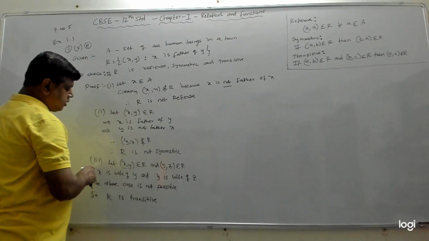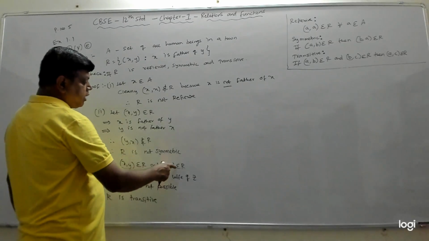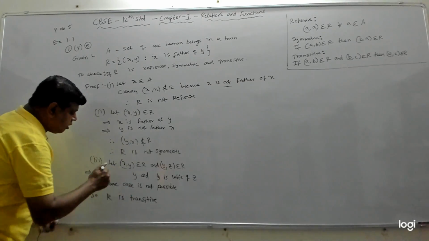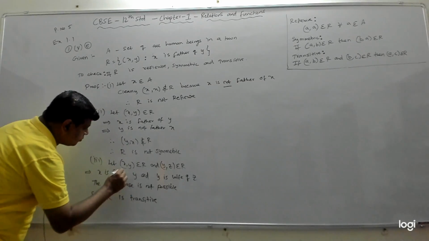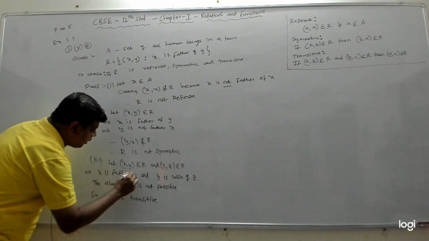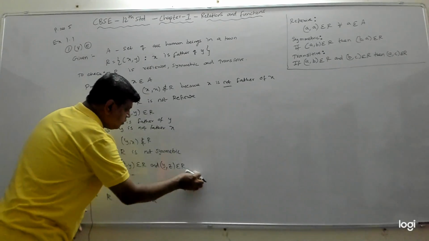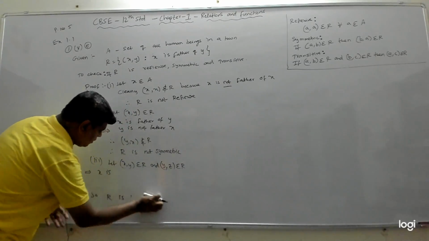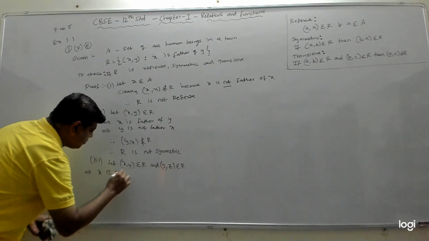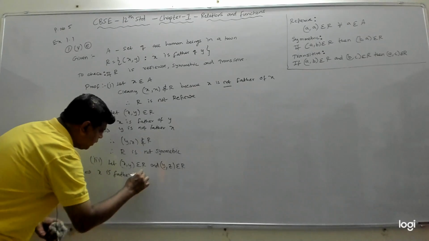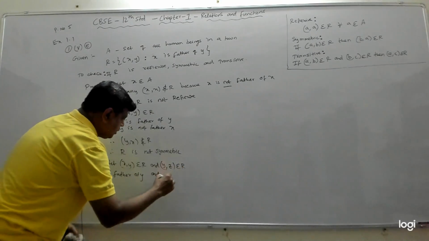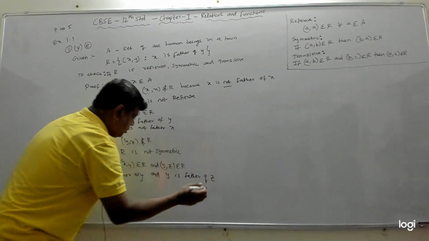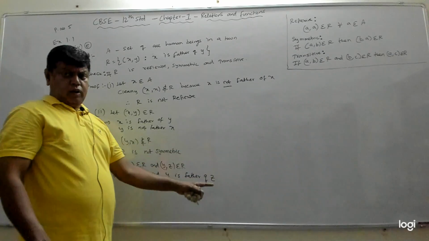Now, the third condition is to check transitivity. Let X comma Y belong to R and Y comma Z belong to R. When X comma Y belongs to R, X is father of Y, and Y comma Z belongs to R means Y is father of Z. This is possible. X is the father of Y means Y can be father of someone else.